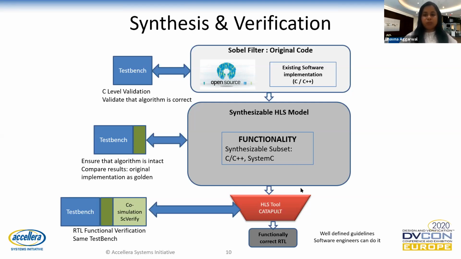Verification holds utmost importance both in the hardware and the software world. To validate intended design behavior, functional verification is the first and foremost step. Considering the same, we ensure the following: the synthesizable C design and the generated RTL are functionally correct.